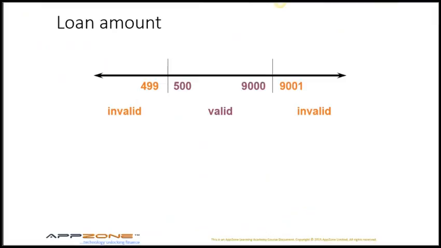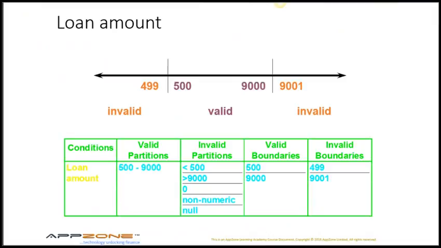So we look at something like this. If you give a loan amount as an example, anything between 500 and 900 is valid, but when you look at the first extreme, 499 is invalid, and the farthest extreme, 901, is invalid.